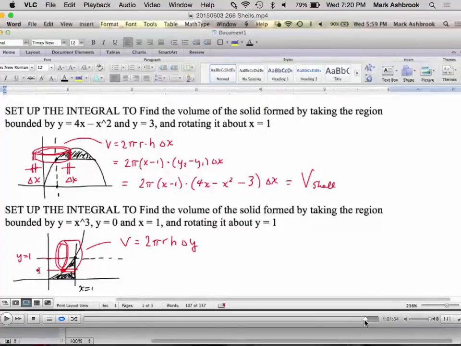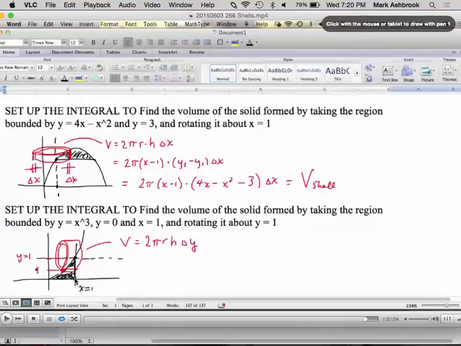So V equals 2 pi r h. What is the height of the shell? What do you guys think the height of the shell is? It's x2 minus x1, right? It's a difference in x's. So what is x2? It's just 1.